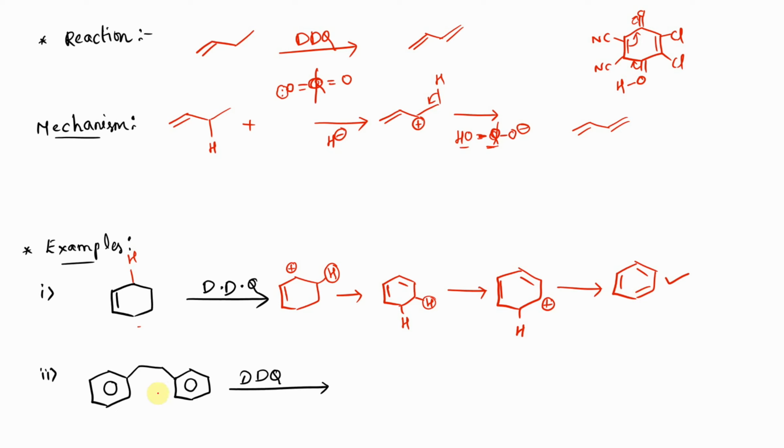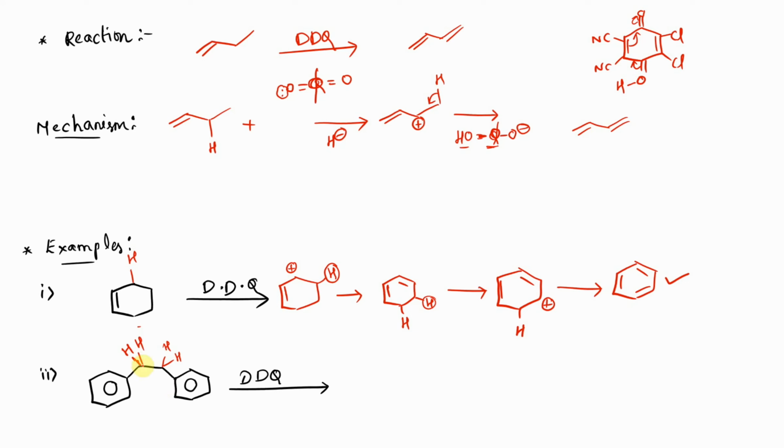Now, in the second example, here we have hydrogens on the benzene ring, but the carbon atoms bridging these two benzene rings have two hydrogens each. So we can clearly say that these two hydrogens are more acidic because of the benzylic carbocation.